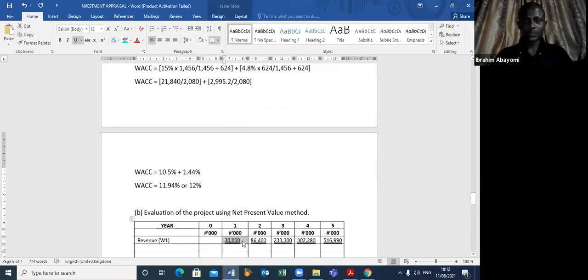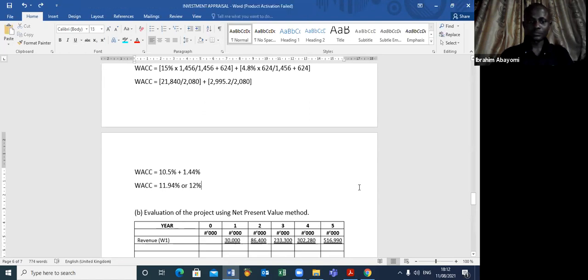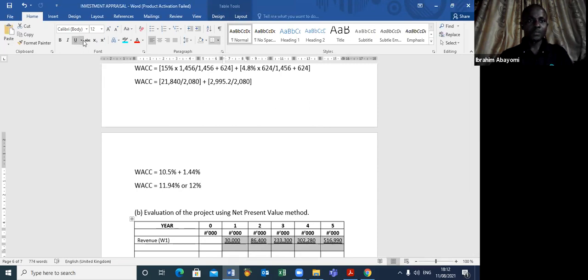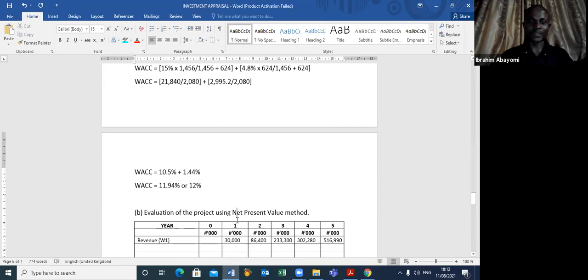I remove the underline. So these are the sales revenue.